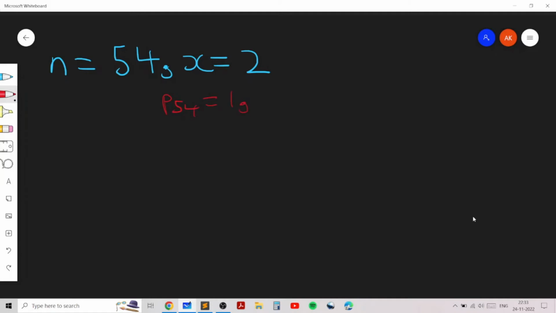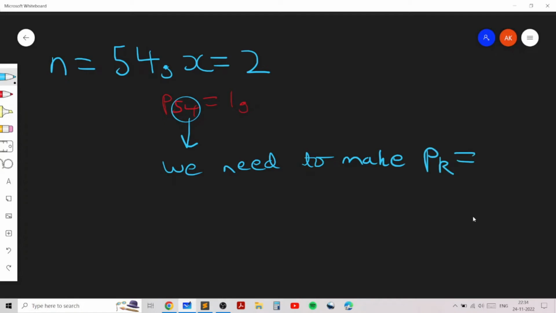And we know that because of this, 54 needs to come to one of the positions. So we need to make P of some number k equal to 54, which is n, some P of k equal to n.